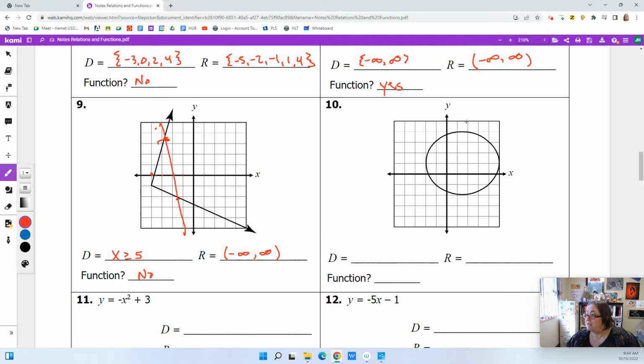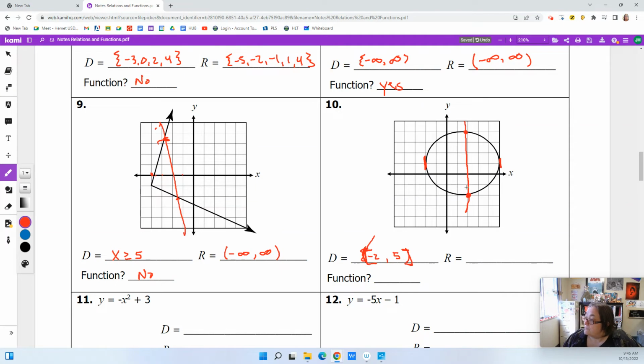If I drop a vertical line down through this, we're going to cross at more than one spot. So my no's have it, right? It is not a function. If we're looking at our domain, our x values run from here to here, right? So from -2, I should put this in brackets, all the way to +5. That would be our domain, right? Everything from -2, in brackets because it can actually be -2 and it can be +5.